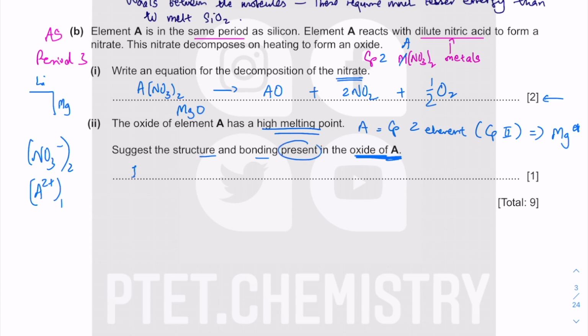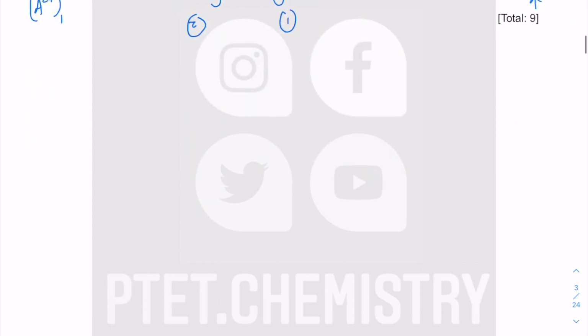So obviously we are looking at ionic bonding, and ionic bonding is present in a giant ionic structure. Okay, and just like that you get the 1 mark, but you've got to specify structure as well as bonding. So what I've done really is talk about the bonding first, and the structure does not matter. You can talk about this first and then that, as long as both are in the answer.